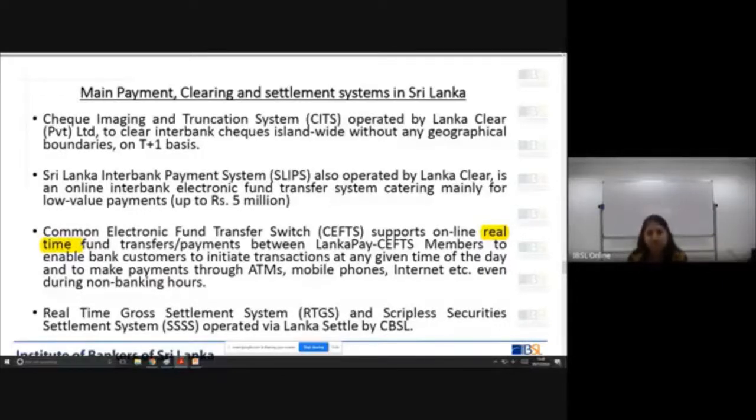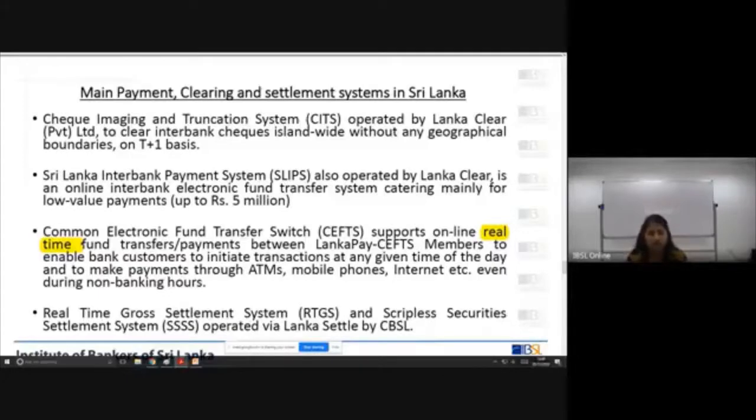My beneficiary will immediately get the funds. It's real time, and it can be done at any time of the day. There is no restriction that the bank has to be open for this to be done. Now SLIPS has to go through the bank.